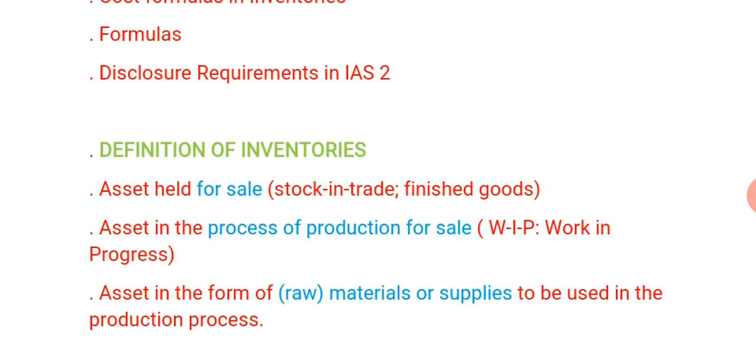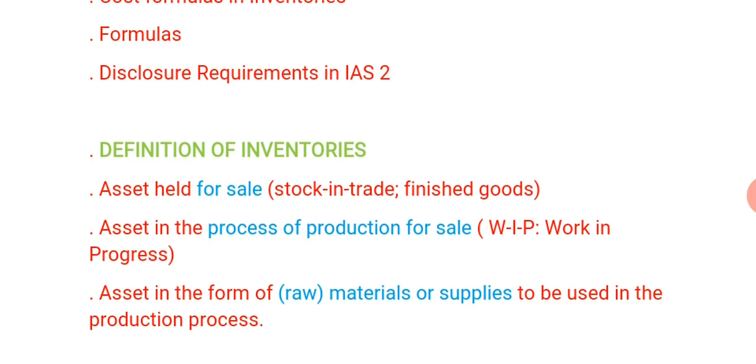It comes from raw materials, then it is gradually converted, and in the process of conversion, it turns into work in progress, then finally finished goods. These three stages are classified. When an item is in these three stages, they are classified as inventory.